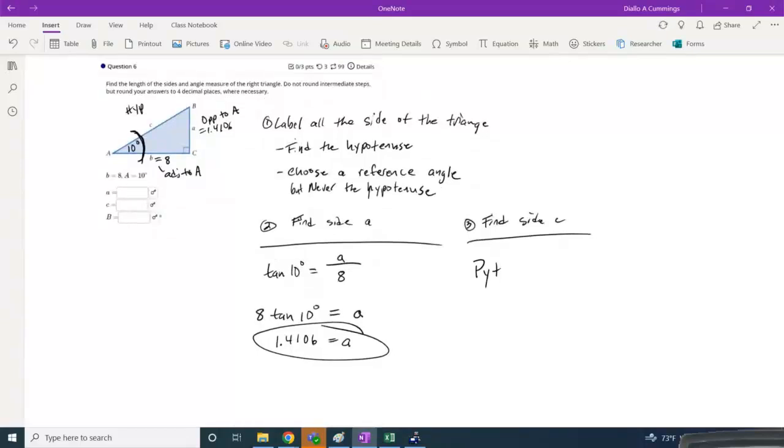You only want to set up one trig function. And then once you set up the first trig function, you should be able to find everything else by using the Pythagorean theorem. And then also using the fact that when you add up these angles inside of your triangle, they should add up to 180 degrees. All right, so I'm going to use the Pythagorean theorem.